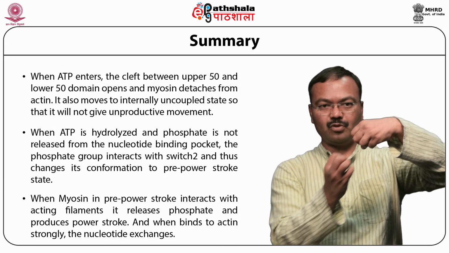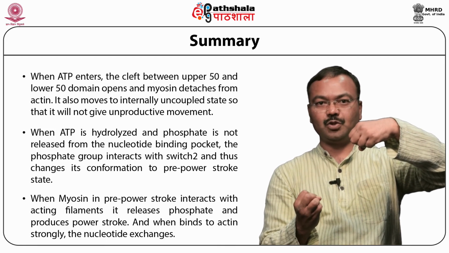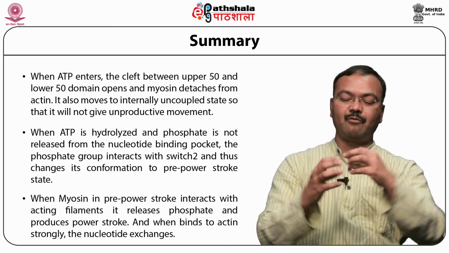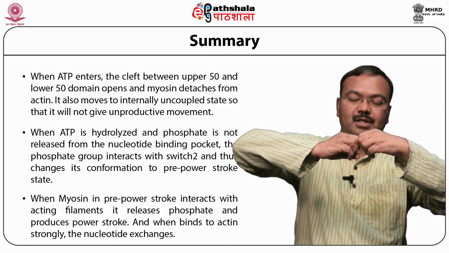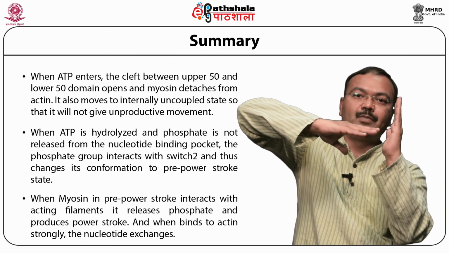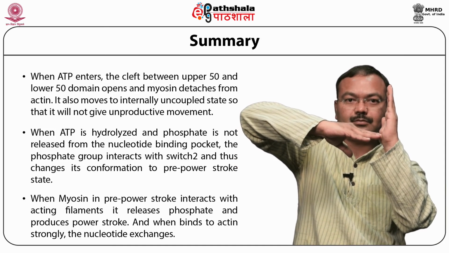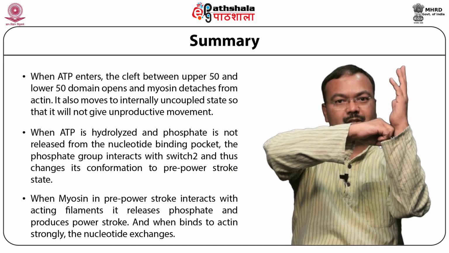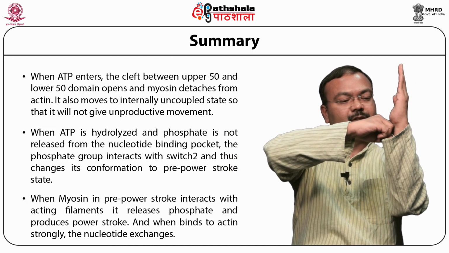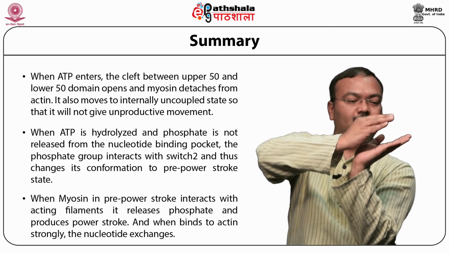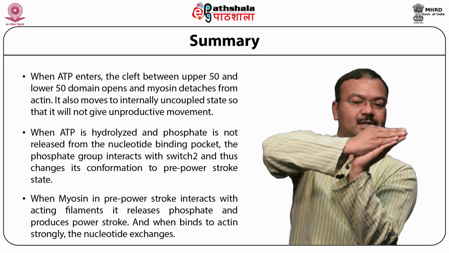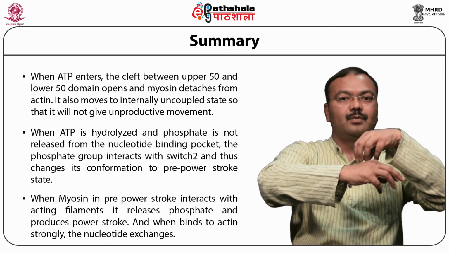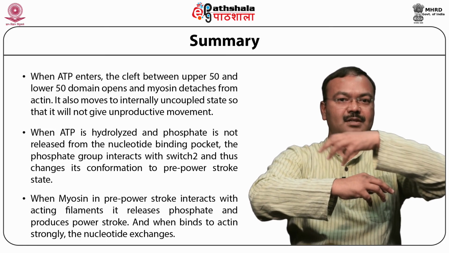So when the phosphate moves away, it interacts with switch 2. This causes the conformational change in myosin, where the myosin moves to the prepower stroke state, where the lever arm becomes perpendicular to the actin filament. In this state, when myosin interacts with the actin filament, the cleft between the upper and lower 50 kilodalton domain closes, and the phosphate is released immediately, and nucleotide exchange takes place later.